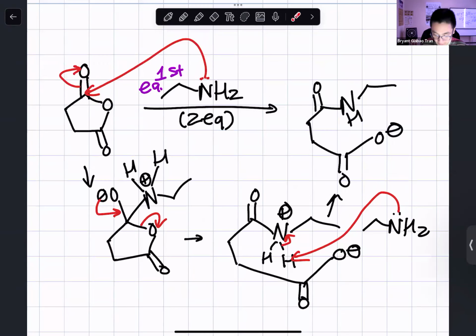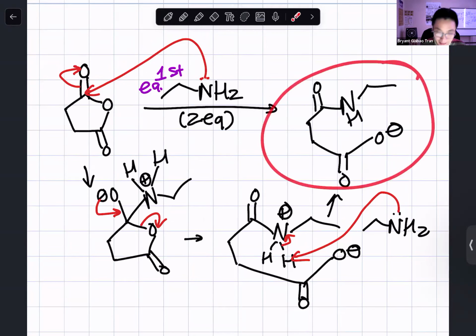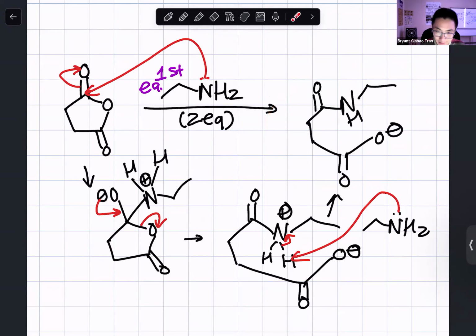And depending on the professor or the Achieve homework program, they might want the answer in an ion like this with no acid workup, right? Because there's nothing to protonate that O minus. So this would be your final answer if there's no acid workup step.